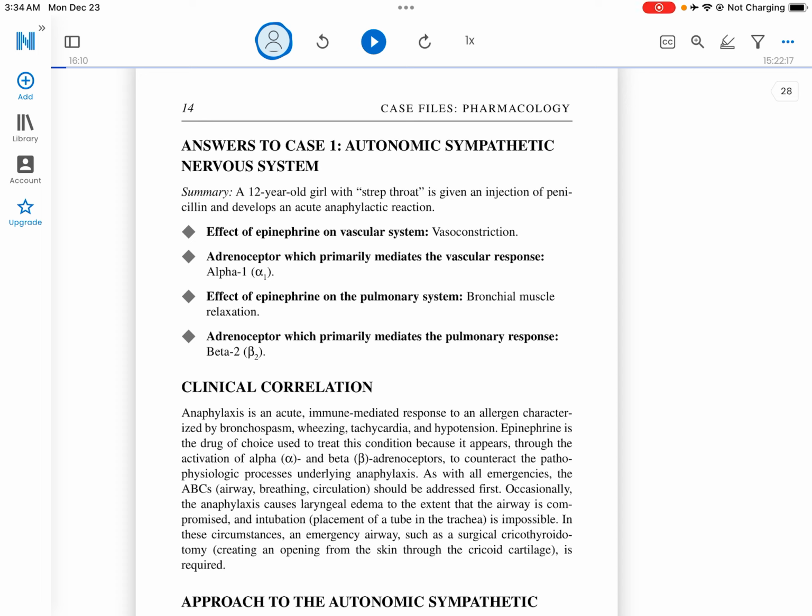So she has bronchospasm episodes, wheezing, tachycardia, and hypotension of 70. Epinephrine is the drug of choice to treat this condition because she has bronchospasm. Bronchial muscles will be relaxed. She has a wheezing sound because the airway is constricted. Breathing will open up. Bronchi will relax now, so wheezing will be reduced.